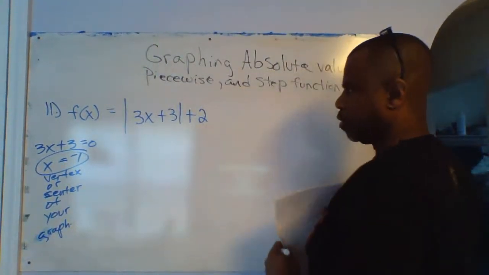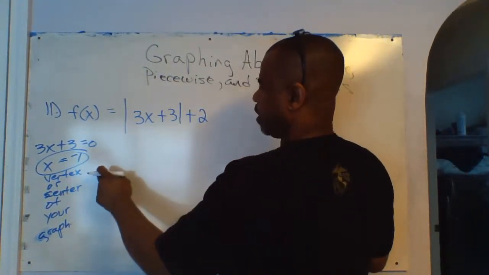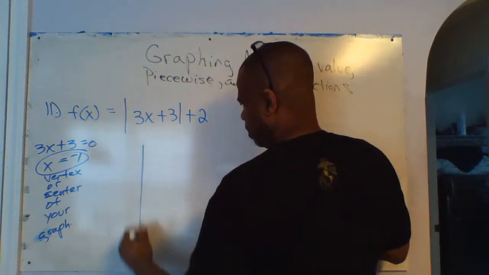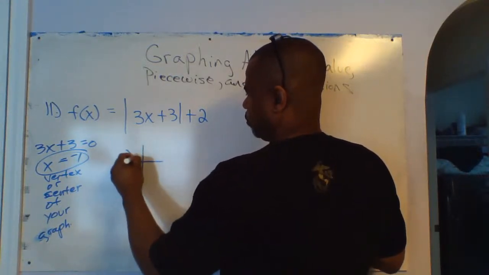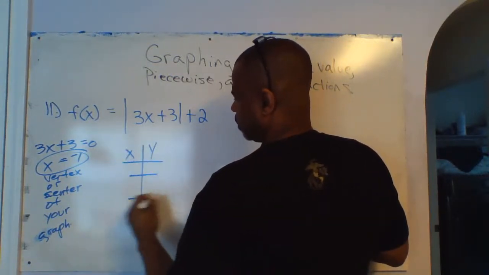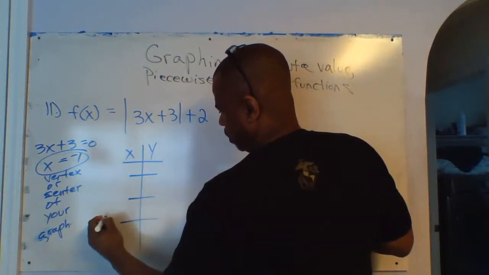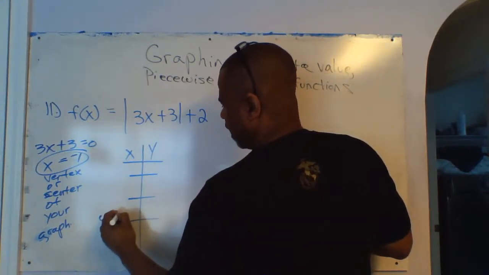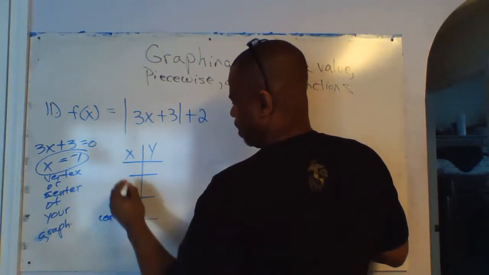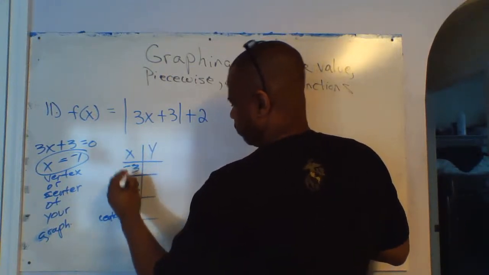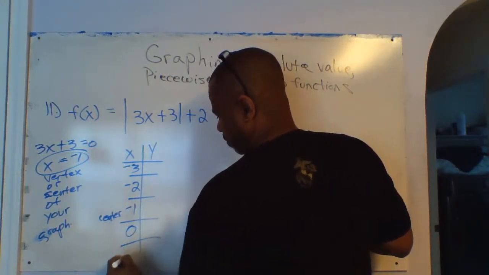Since I know this is -1, I'm going to make a table of x and y, and I'm just going to pick 2 points on either side of it. So my x value for the center is -1, and then -3, -2, 0, and 1.